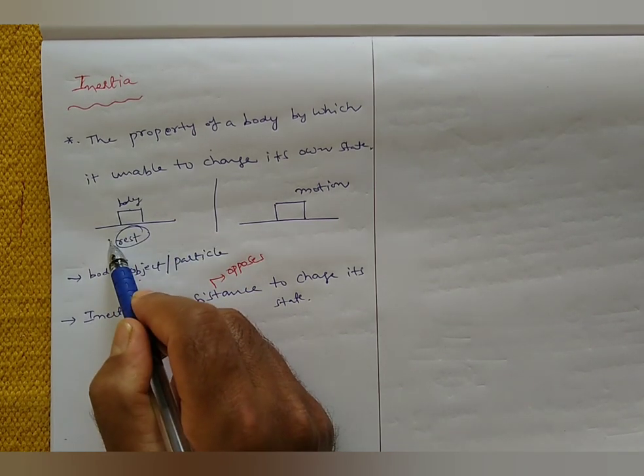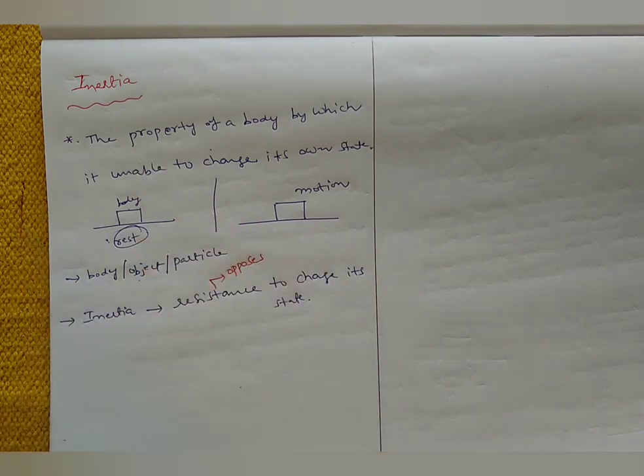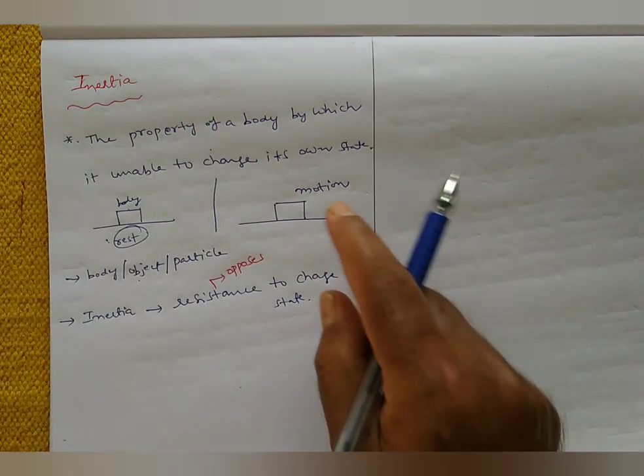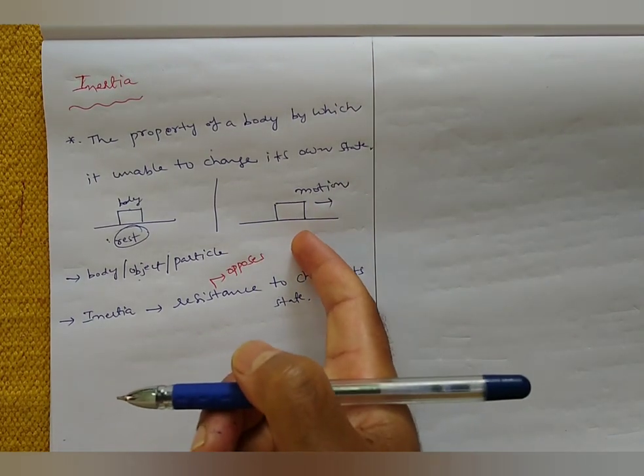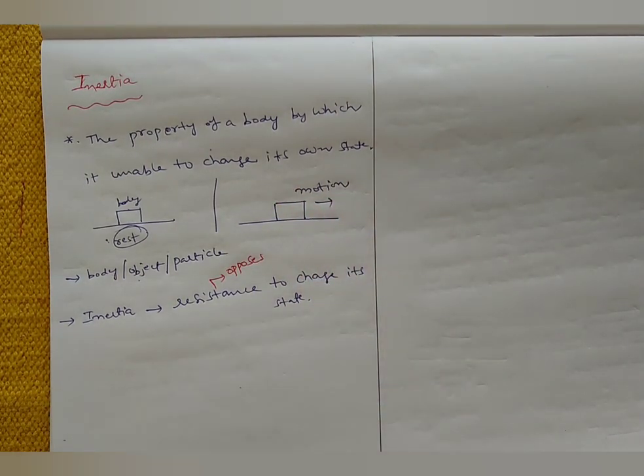When the body is at rest, it always wants to be at rest and doesn't want to come into motion. When the body is already moving, it does not want to come to rest. It always wants to be in the state of uniform motion.